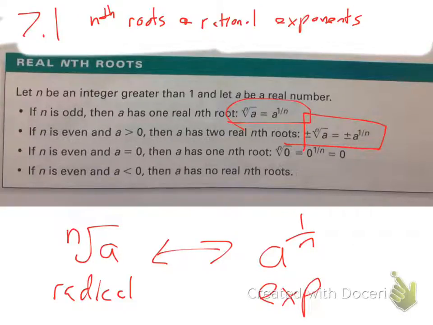Part of your homework is going to be switching from one to the other. I'll give an example. If I asked you to do the third root of b, the cubed root of b, this can be switched out with b to the 1 over 3 power.